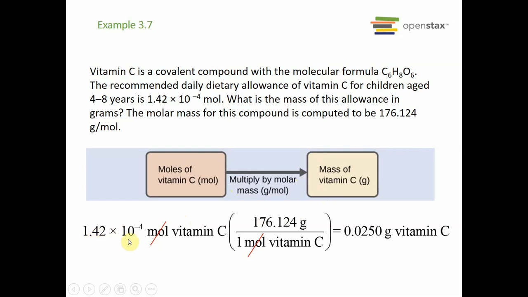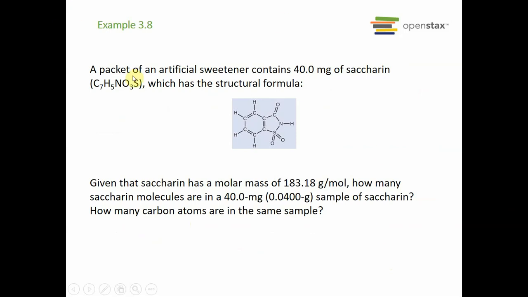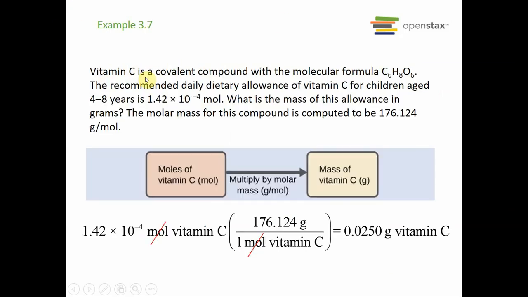So 1.42 times 10 to the minus 4 times the 176.124 gives 0.0250 grams of vitamin C. That's not very much.